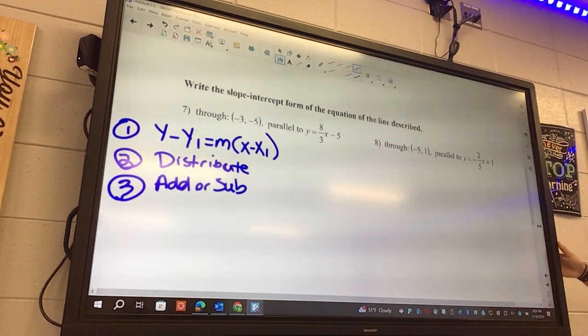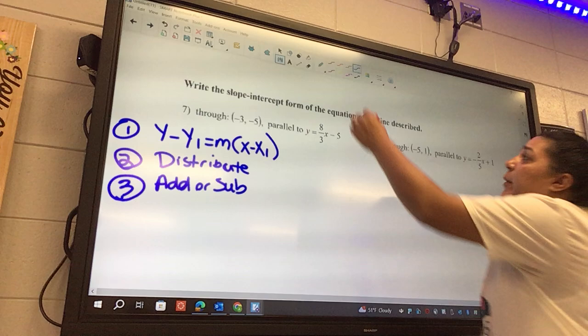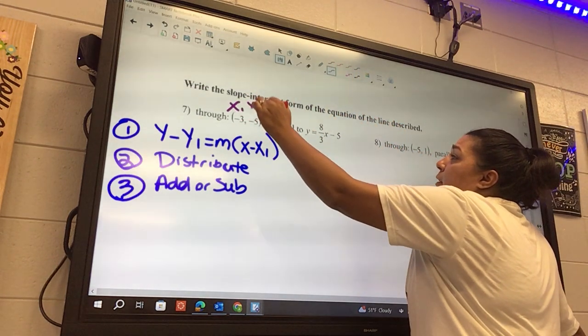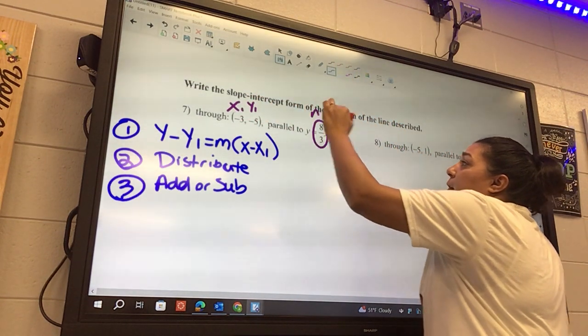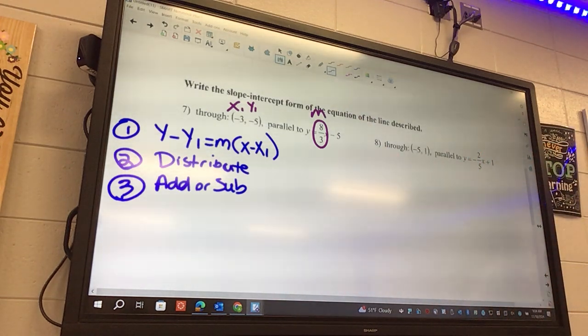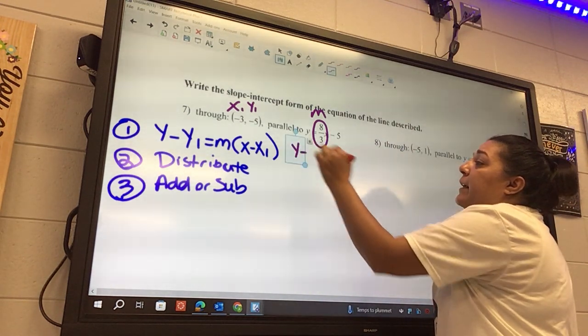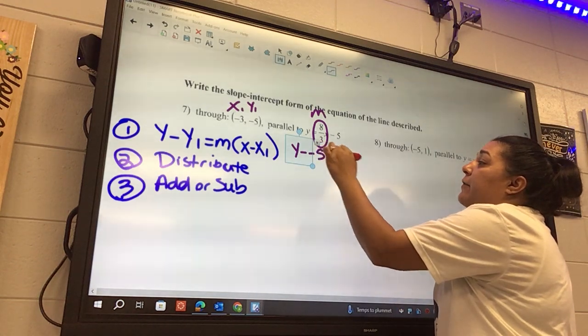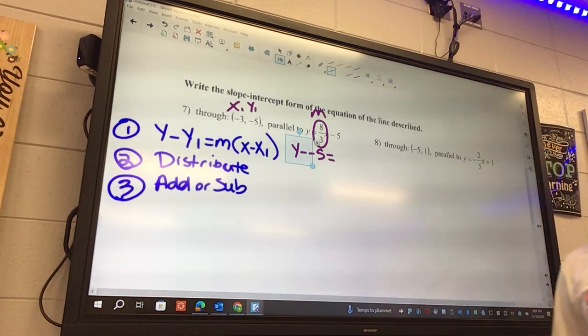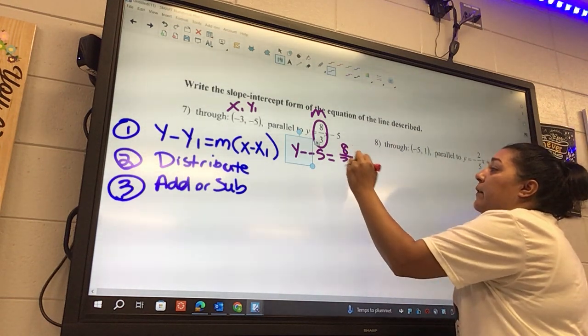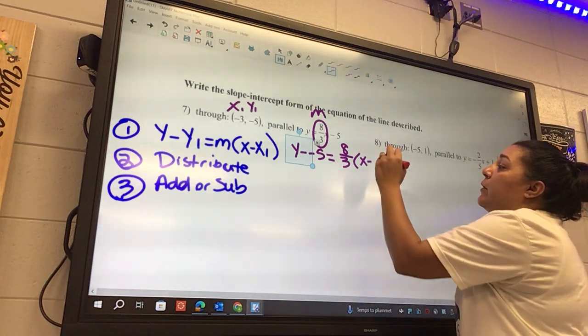Obviously pay attention whether it's parallel or perpendicular. So y minus negative 5 equals, and it says parallel, so we keep the slope the same, 8 over 3, x minus my x1, which is negative 3.